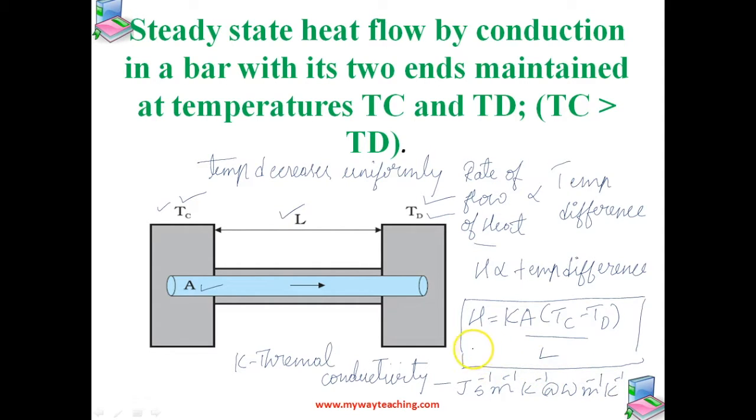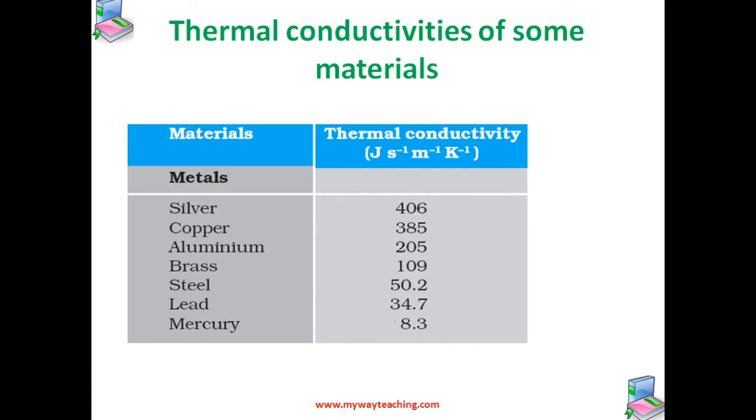The thermal conductivities of various substances are given in this table. These values vary slightly with the temperature, but they can be considered to be constant over a normal temperature range.